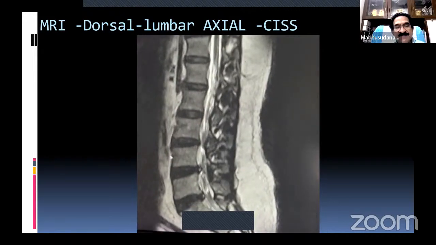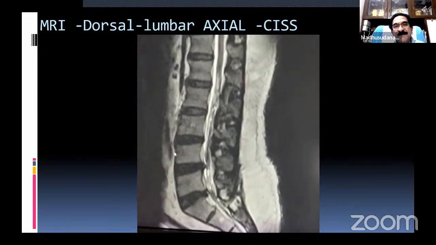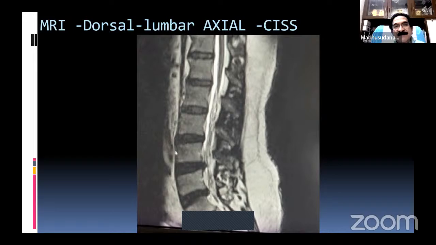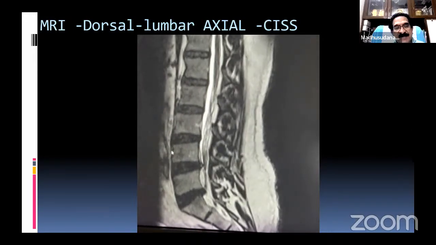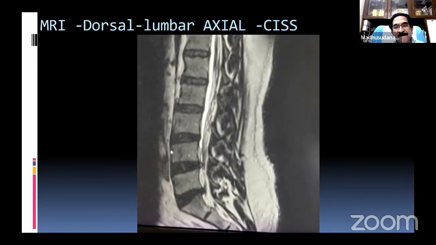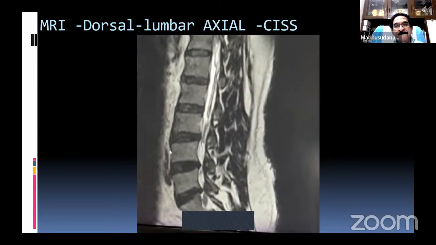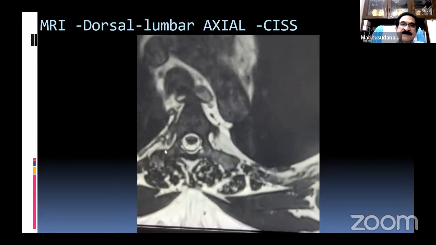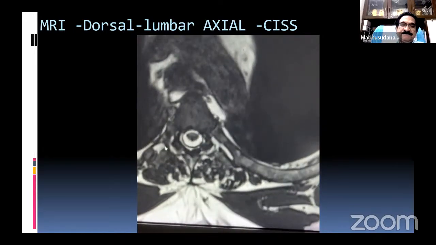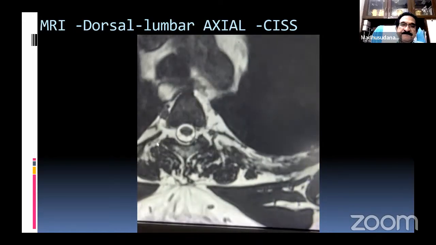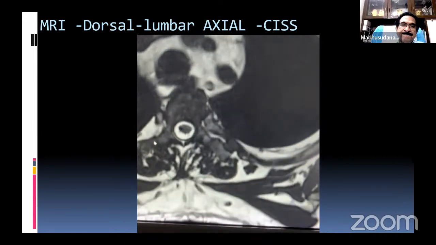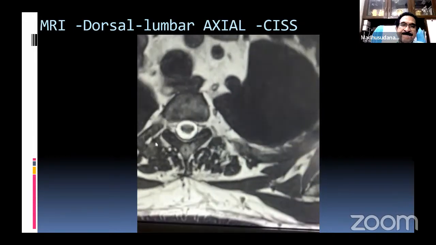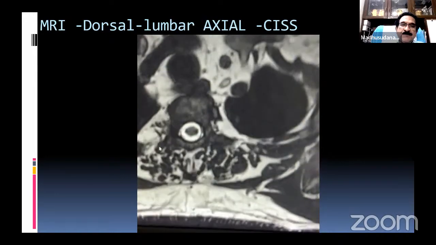Yes, you look at the roots. It is not like the usual cauda equina which you see. This axial cut. It's dorsal.